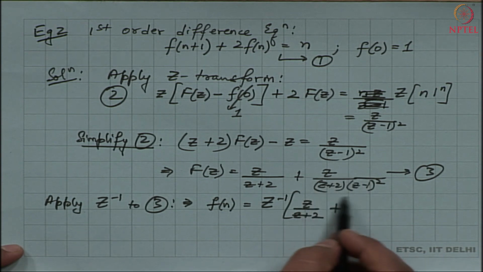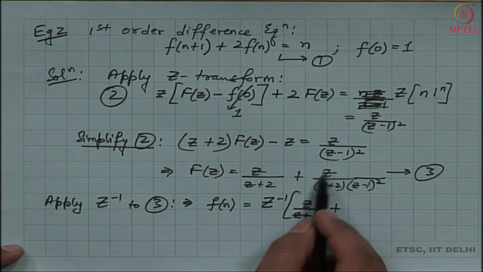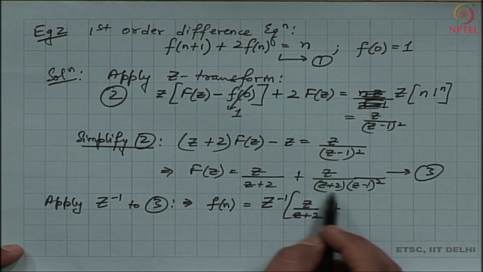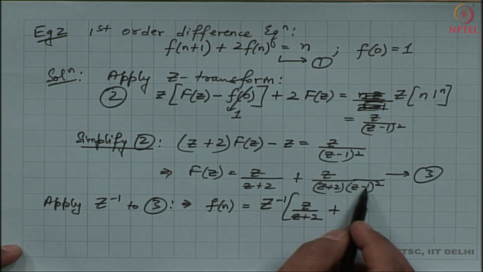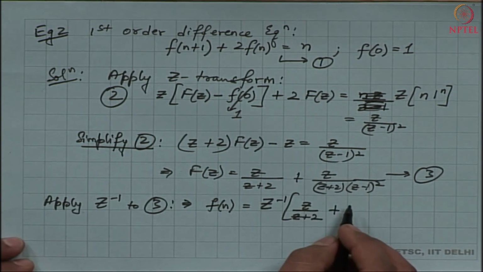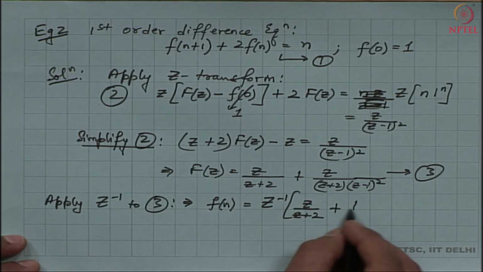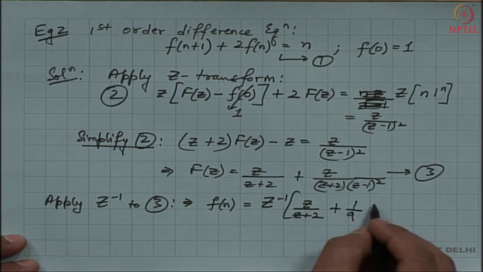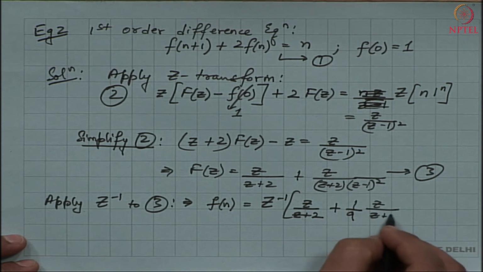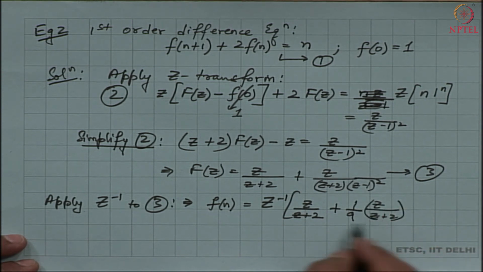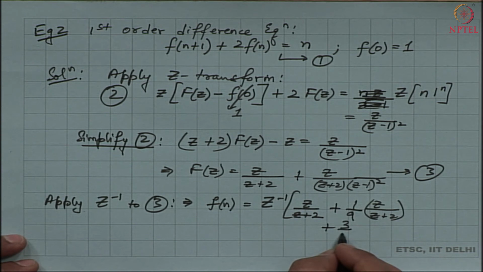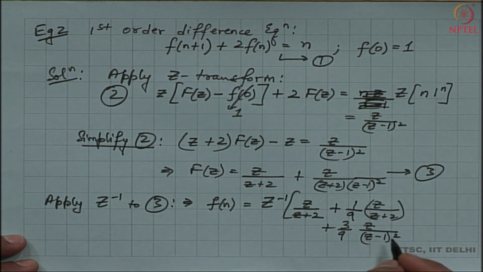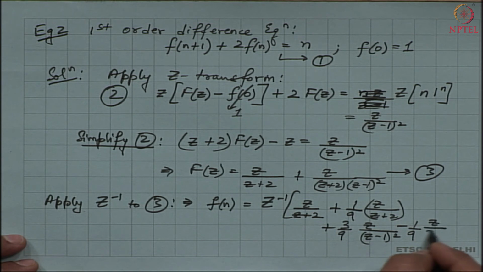Notice that I can rewrite the second expression using the method of partial fractions. I am going to break it down into simpler fractions as follows. This is equal to 1 by 9 times z divided by z plus 2, plus 3 by 9 times z divided by z minus 1 squared, minus 1 by 9 times z divided by z minus 1.